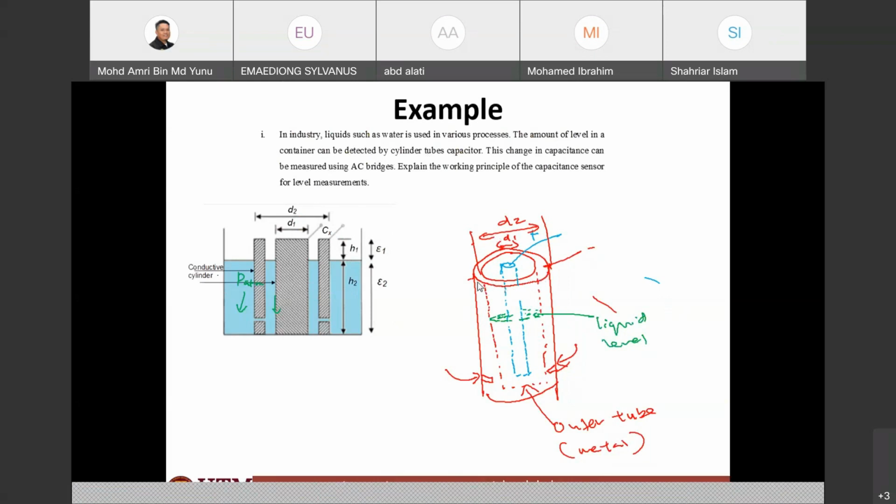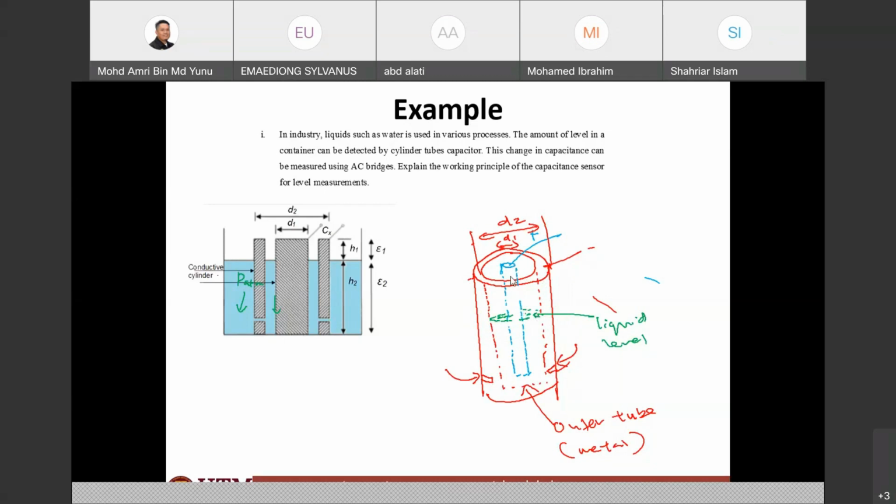The cylindrical tube has a bigger outer tube with a diameter of D2, and on the bottom side there's a hole, allowing the material to get inside the tube. So the liquid level will be the same as the actual level inside the container.